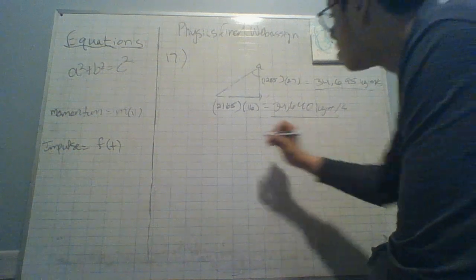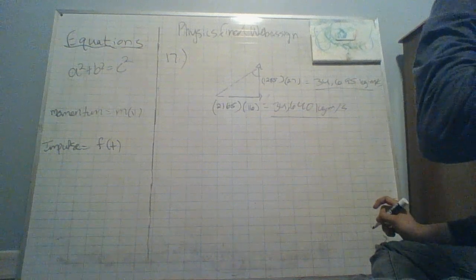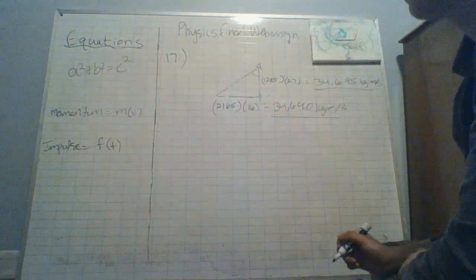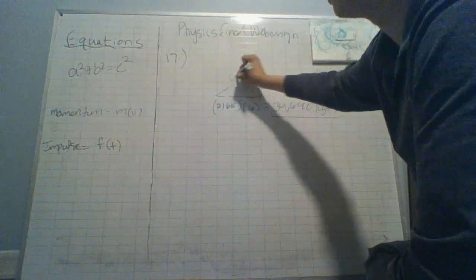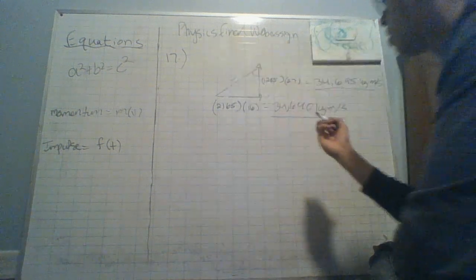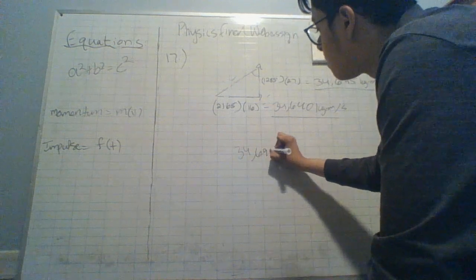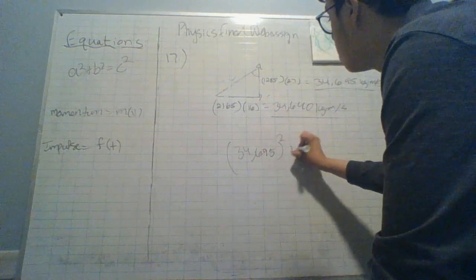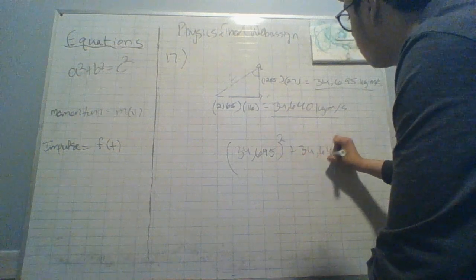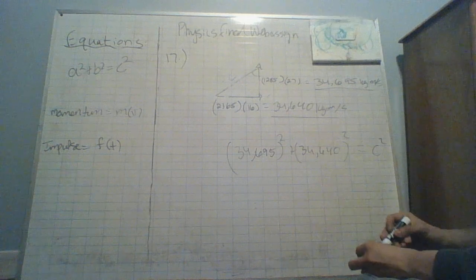Okay, so once you get these two numbers, you're going to plug them into the Pythagorean theorem, because we're trying to get C, right? I'm just going to make this C, because this is A, B, C. So we're going to do 34,695 squared plus 34,640 squared is equal to C squared.